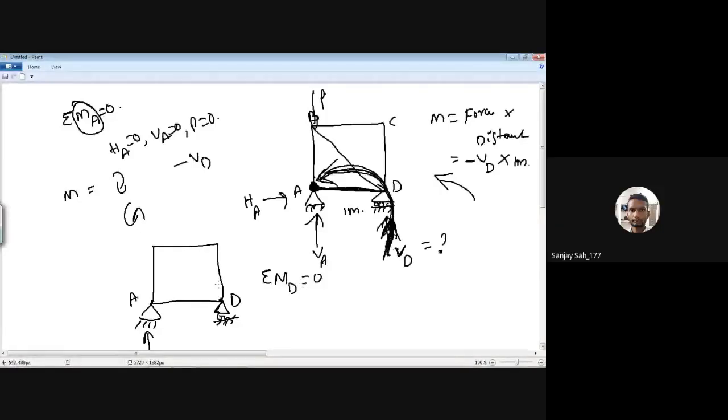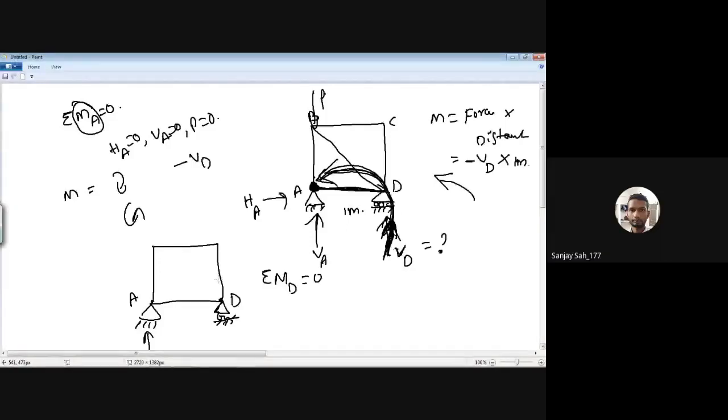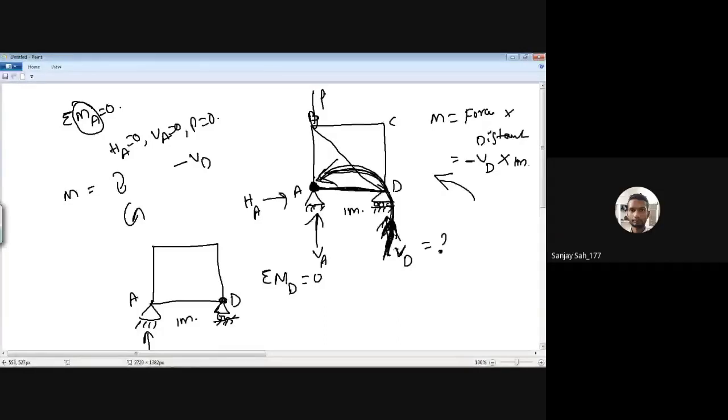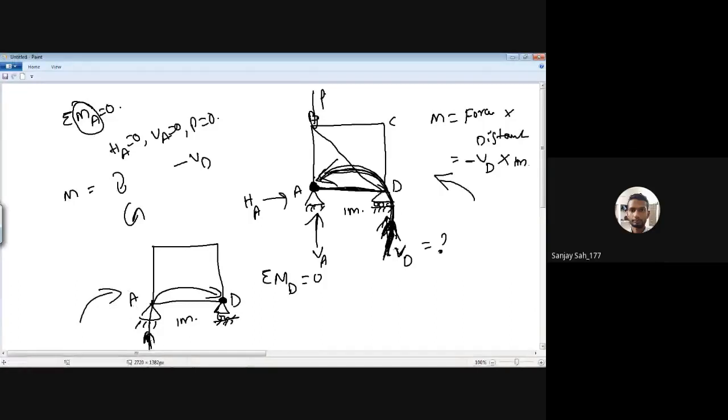Yes, sir. Now the reference point is D. It means now your force is at A, so A to D. See your symbol, is it clockwise or anti-clockwise?